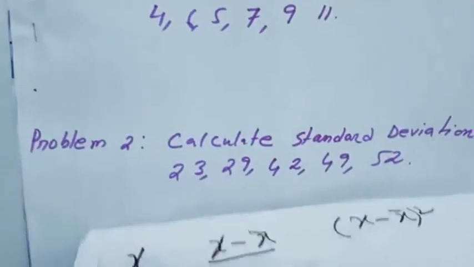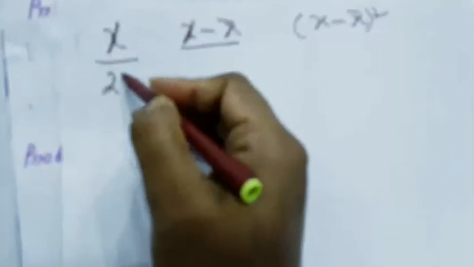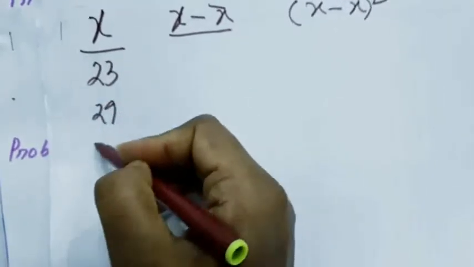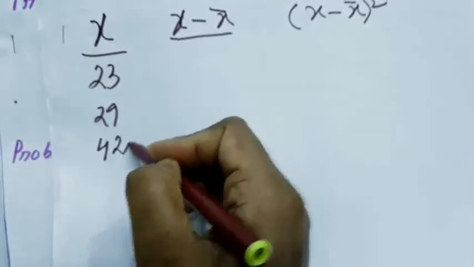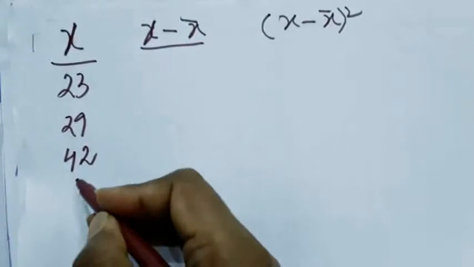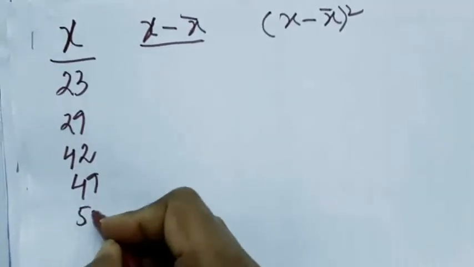What is the problem? 23, 29, 42, then 49, 52.